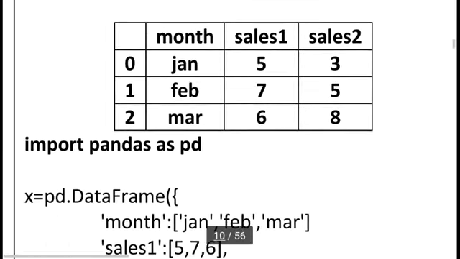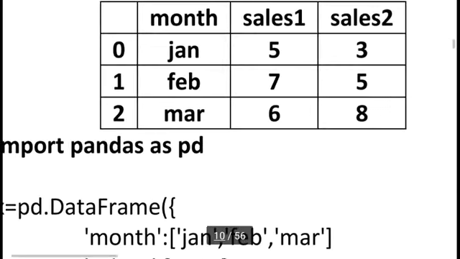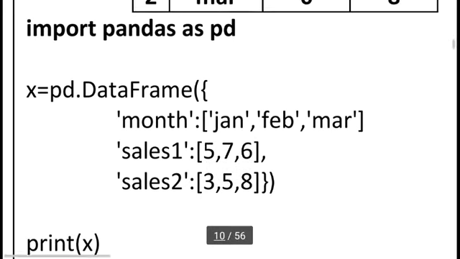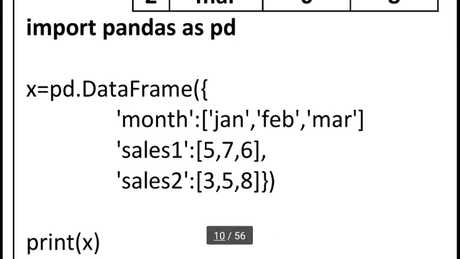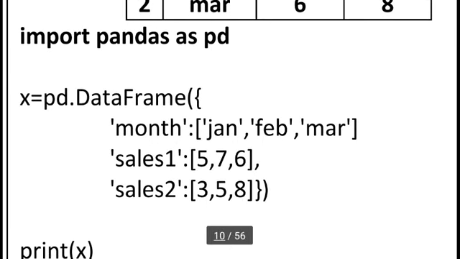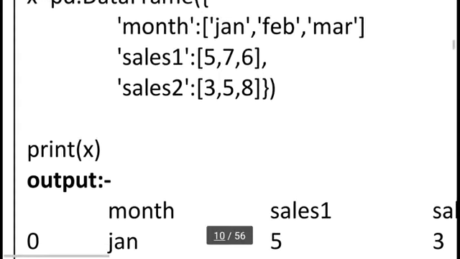I want to convert this table into a data frame. So I am using import pandas as pd. x is equal to pd.DataFrame, month is equal to Jan, Feb, March, sales1, 5, 7, 6, sales2. This table will be converted into a data frame, and I am using the dictionary concept to hold the entire values. Here I print x.